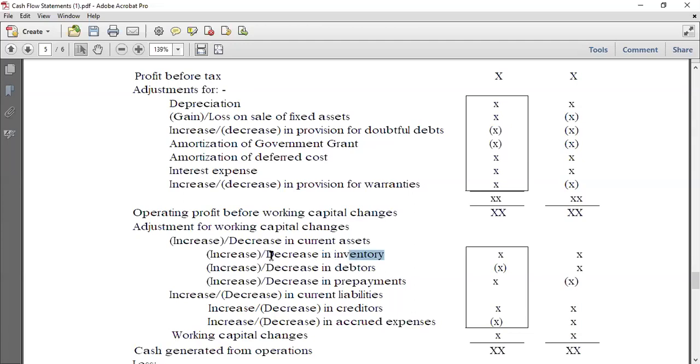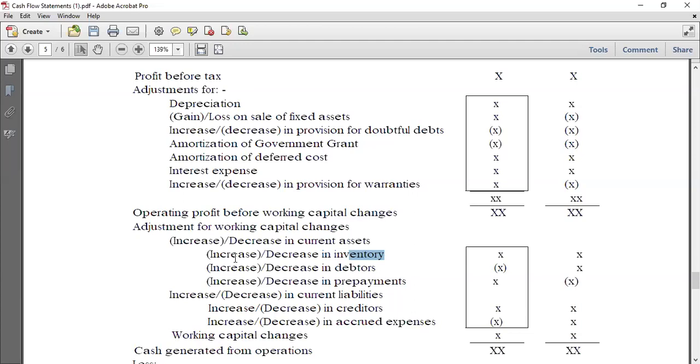So we are going to see, as we see here, for example, one of the current assets we have is inventory. Now, your inventory can either increase or decrease. By this, I mean you're trying to compare your opening inventory and closing inventory, okay? So when your inventory has increased, it means that in between there, you had to buy more inventory to come to an increment.